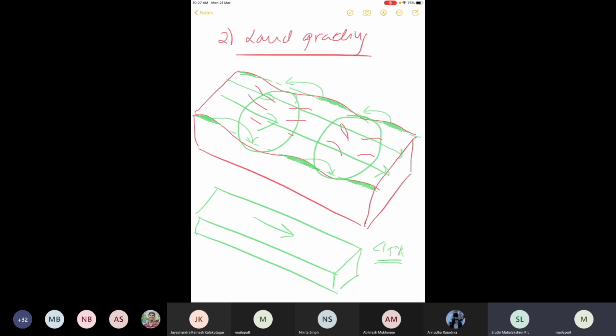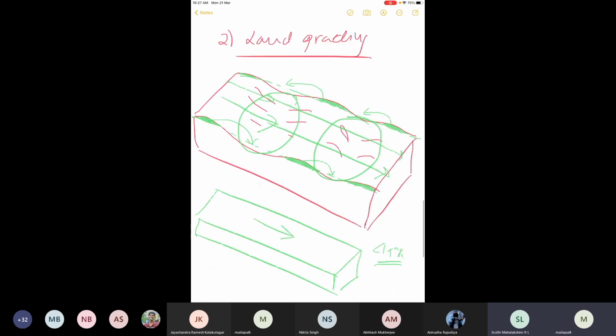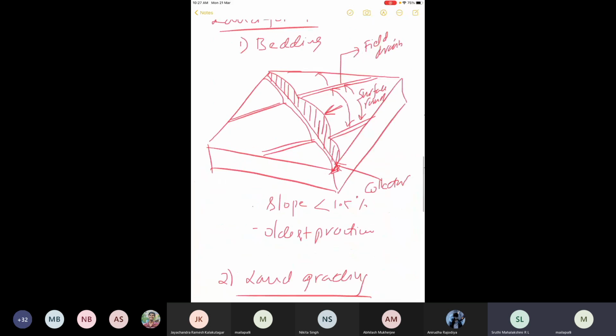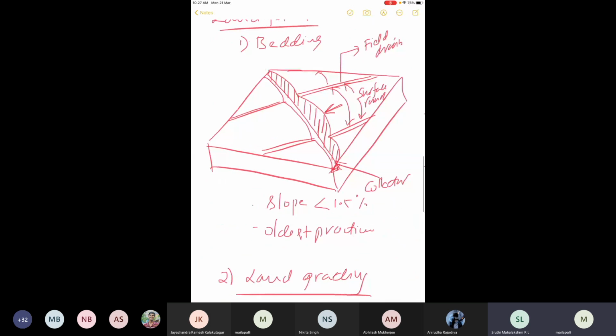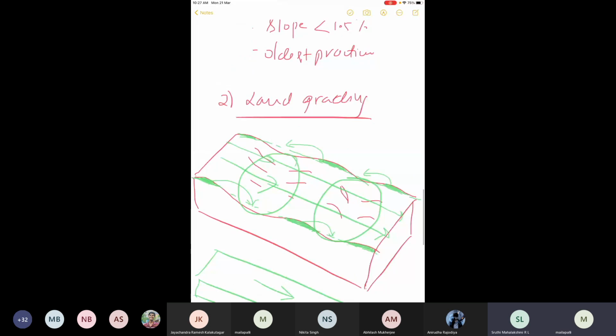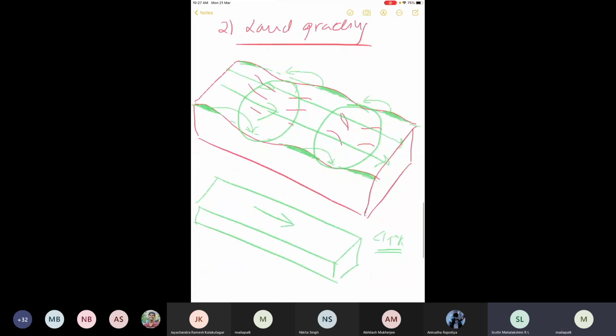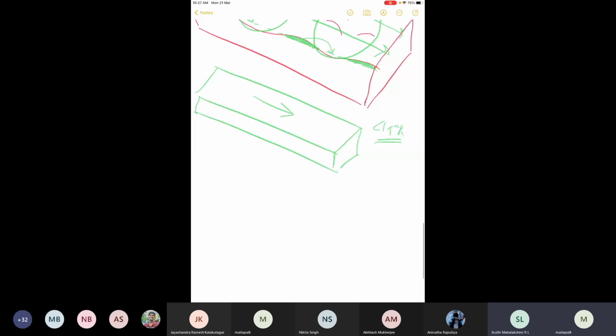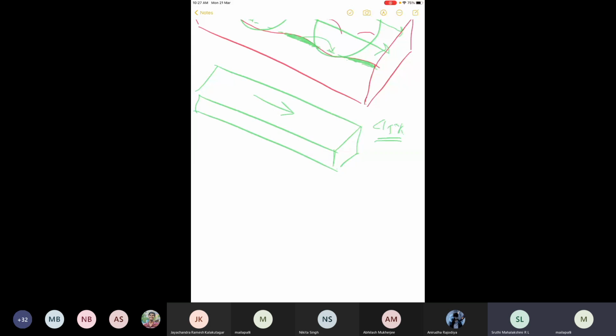Okay, so the next operation. These are different cases where you can adopt. The first case is bedding. You can do combinations of bedding, and in some cases you may use land grading. In some cases, you don't need to do much, but you identify some patches.